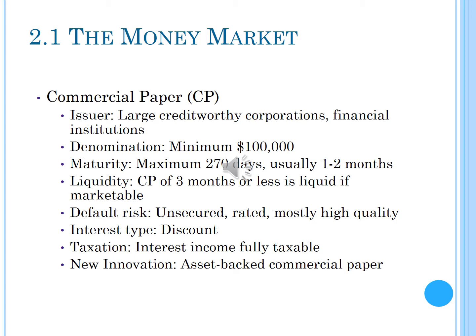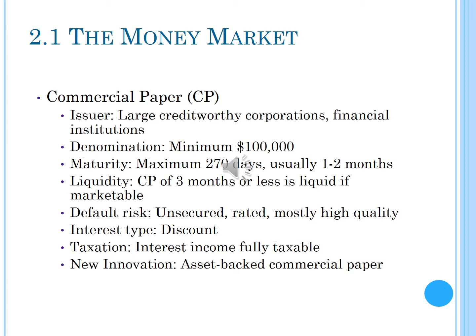Liquidity wise, if their maturity is less than 3 months, these are usually liquid. Okay, if longer than that, then it gets harder to trade. The default risk: these are unsecured, so they are rated mostly high quality based on the creditworthiness of the corporation, of course, that issued those commercial papers.